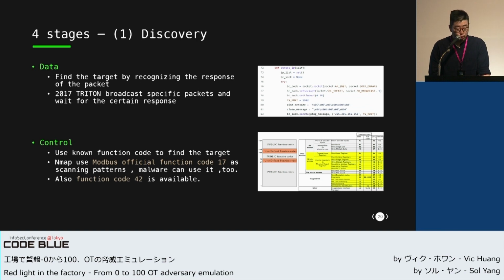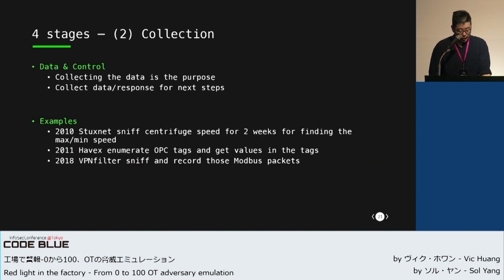And for control targeting, you can use a normal function code to find the target. For example, if you want to find a Modbus device, you can use function code 17 or 43 to find your target. And in the next stage, collection, the attacker will collect the data or the status of the device to do further attacks.